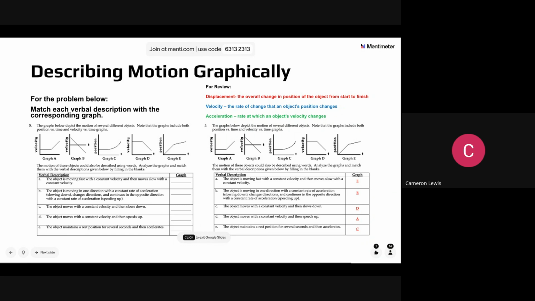Then we go to, I think the last one, what I didn't cover was D. The object moves with constant velocity and then speeds up. So if we just said the first one was constant velocity and we slowed down and we went horizontal, then we went down, right? What does constant and then speeding up look like? Horizontal then, yes, which was which graph?